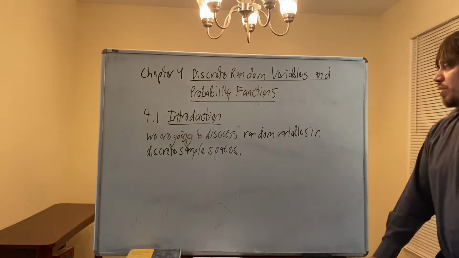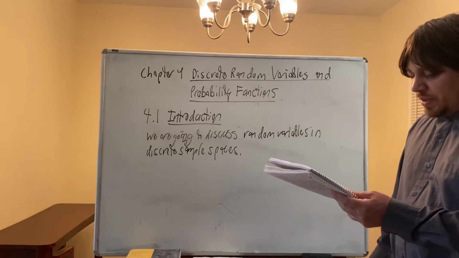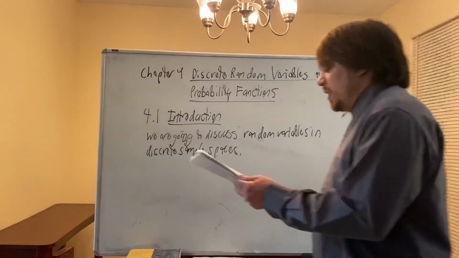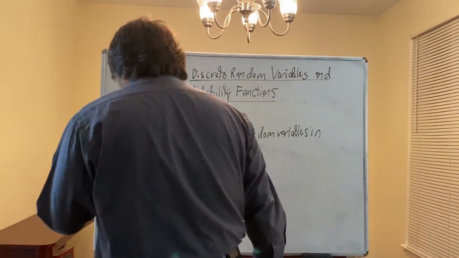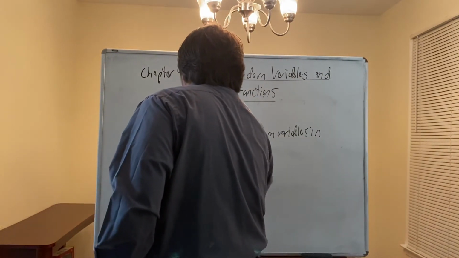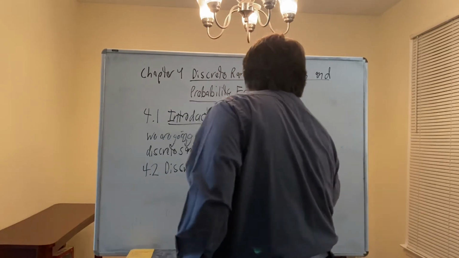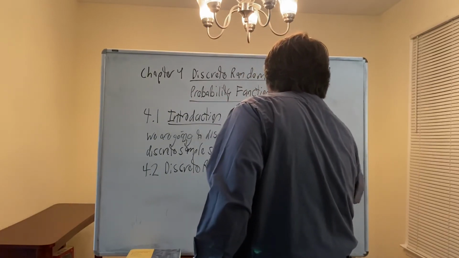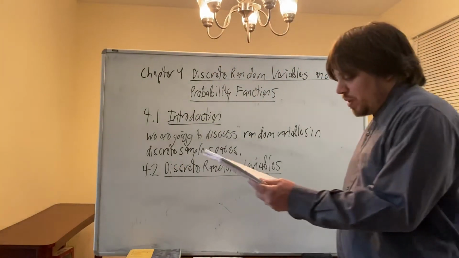That's the introduction. So 4.2 is on discrete random variables.